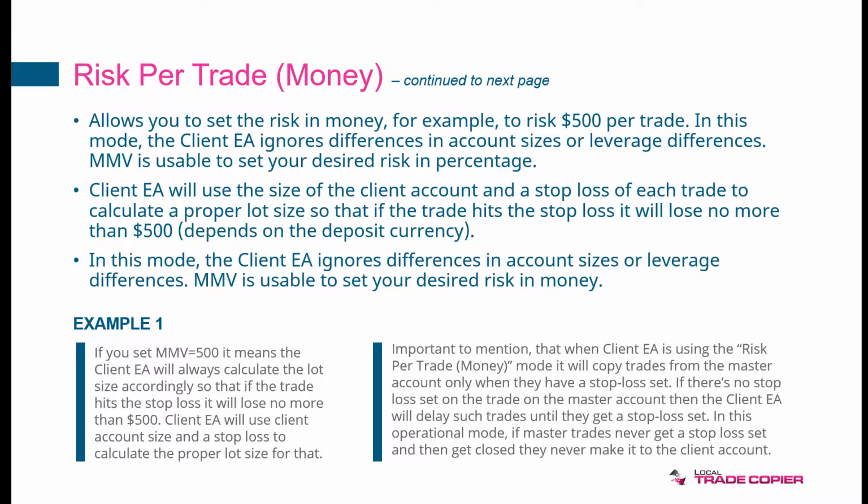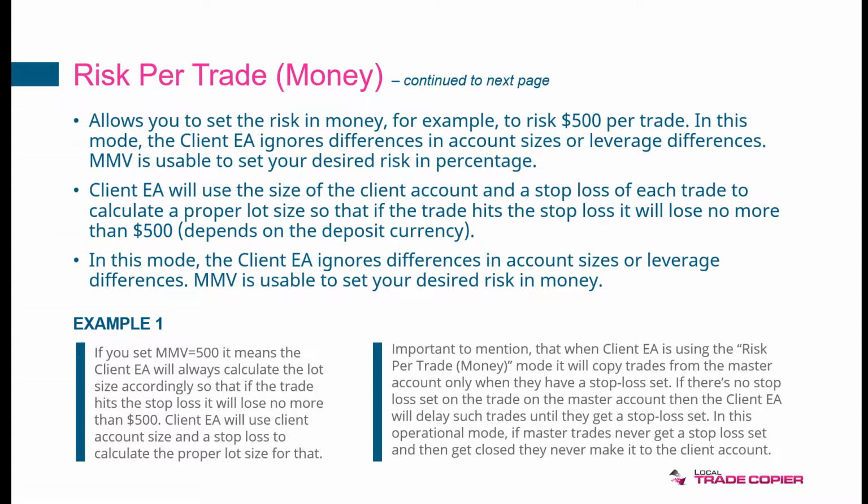It's important to mention as well, as with risk per trade in percentage, so the same with risk per trade in money, it will copy trades from the master account only when they have a stop loss set. If there is no stop loss set on the trade on the master account, then the client EA will delay such trades until they get a stop loss set.